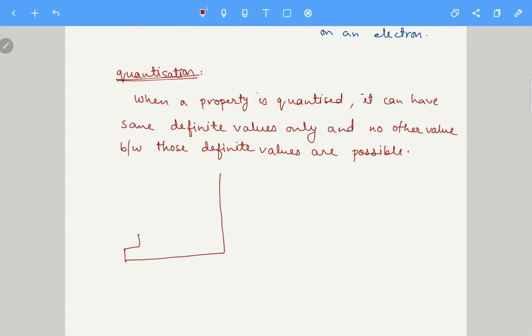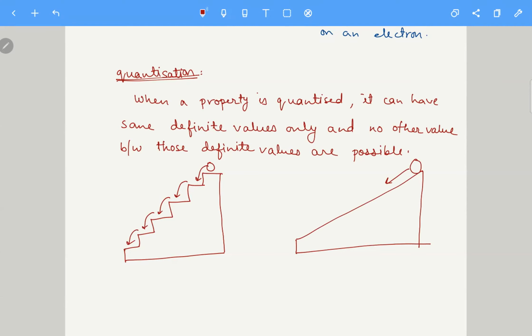We have a ball that is falling downwards. If we are measuring the gravitational potential energy, suppose the height of each of these steps is 1 meter. The total is 6 meters, and suppose this smooth slope also is 6 meters.